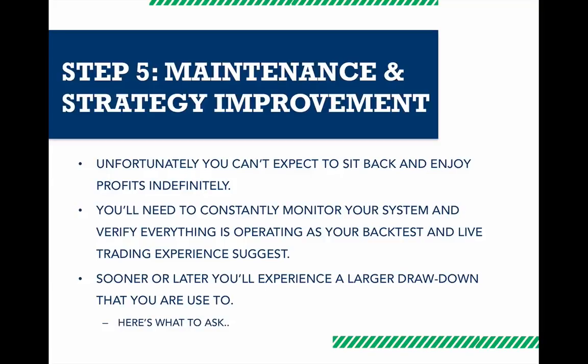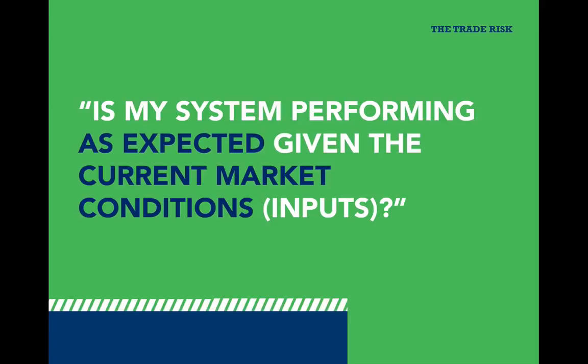And here's what you need to ask yourself in those situations. Is my system performing as expected given the current market conditions, the inputs to your system? In other words, this is something you want to figure out from your backtest: you want to understand where your strategy lacks.